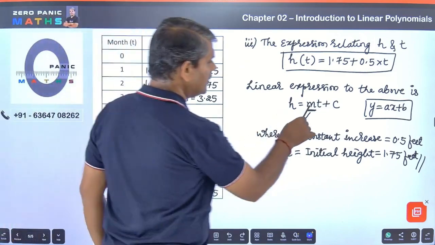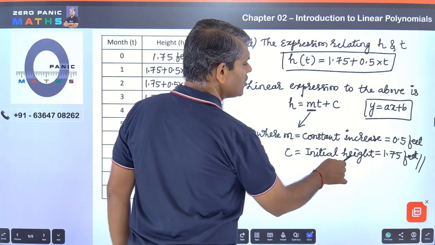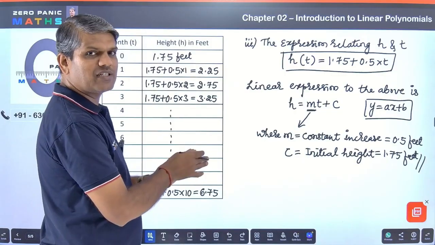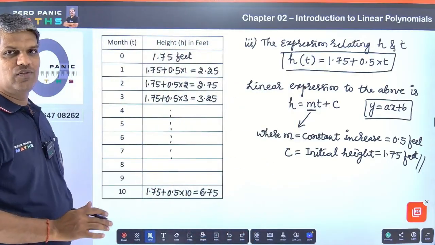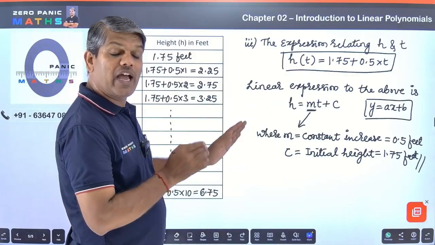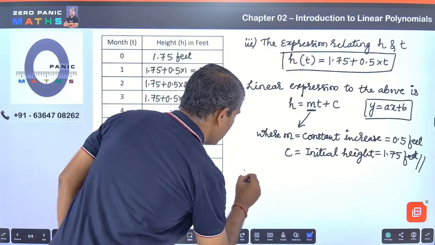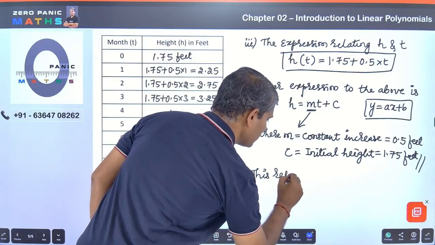Okay, so this says it is the constant increase, and this is the initial height, which is also constant. So therefore this expression represents a linear growth. So why did I explain all this? Because we have to prove that this is a linear growth. So I can say, therefore this represents a linear growth.